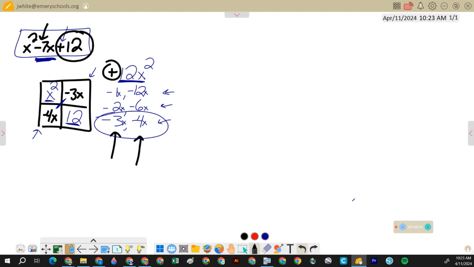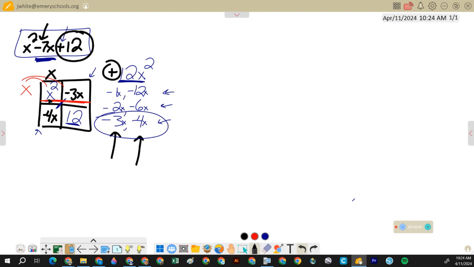Okay. Now, we look at the first row. What do those two terms have in common? An x. So I'm going to yank out an x. When I yank out an x from x squared, what's left? X. So this is an x.